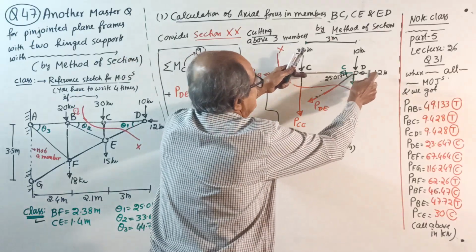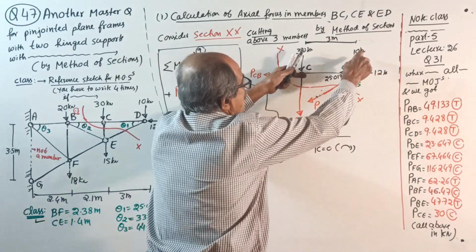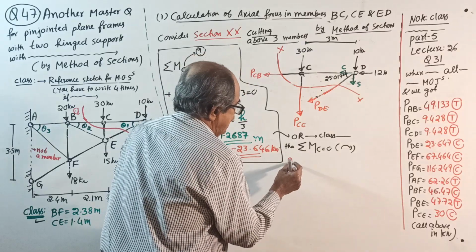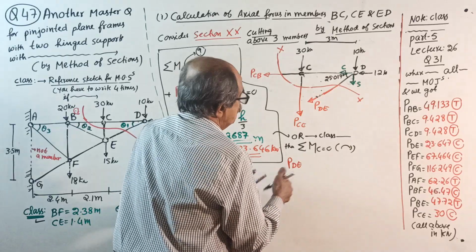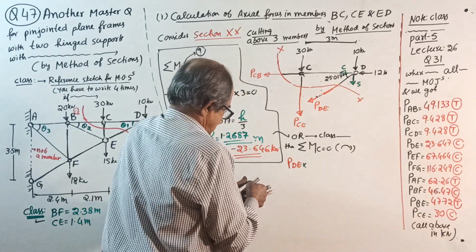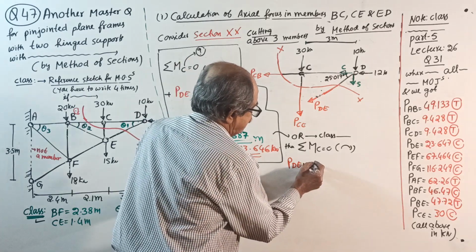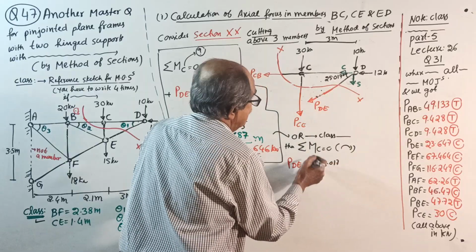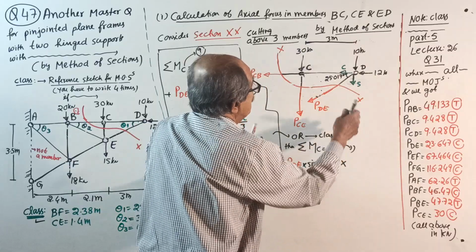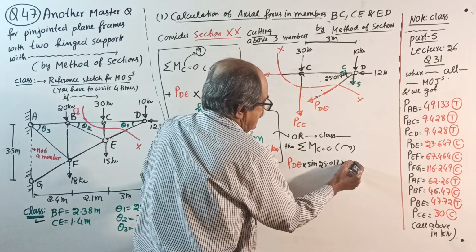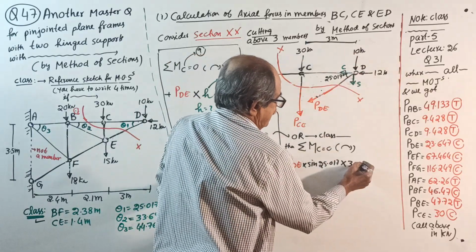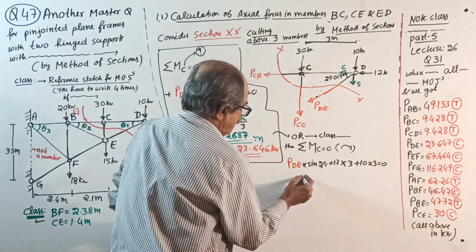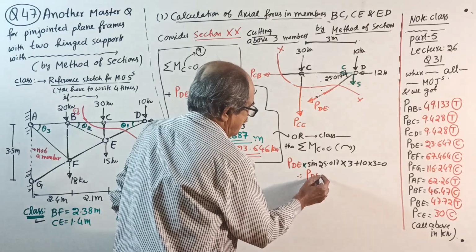But the vertical component, how much is it? The vertical component is PDE into sine of 25.017, into 3, then plus 10 into 3 equal to 0. Therefore, you get the value of PDE.